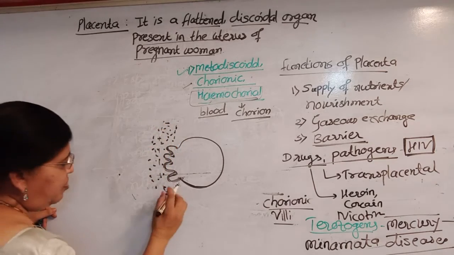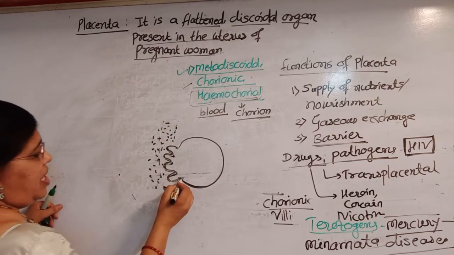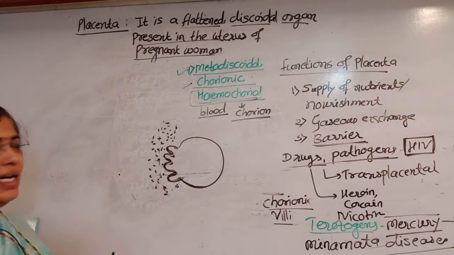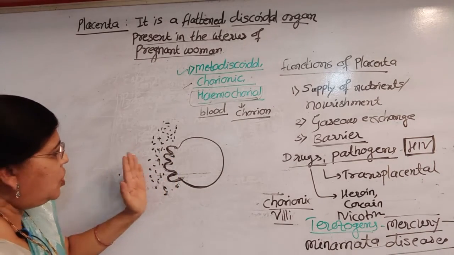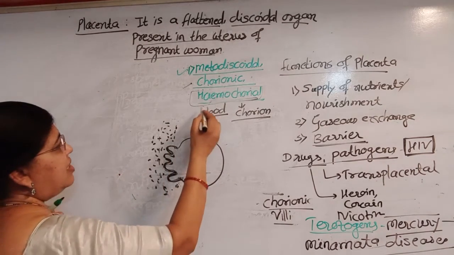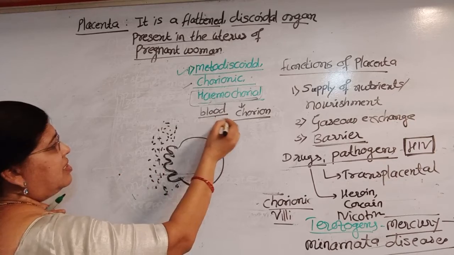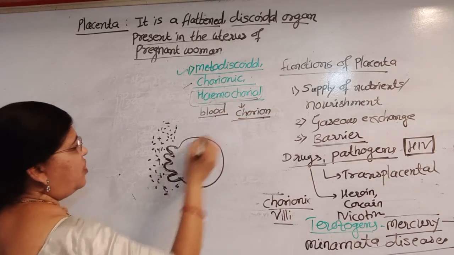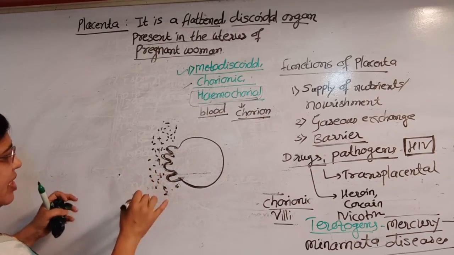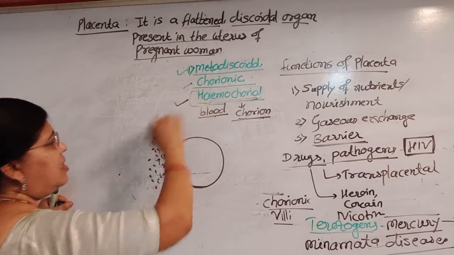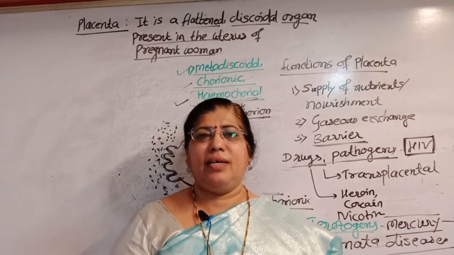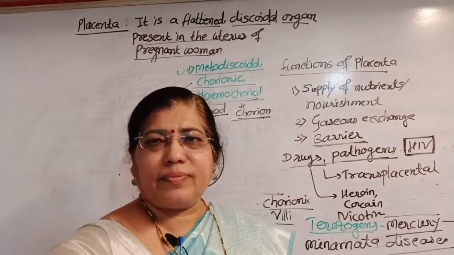So it is rich in blood circulation, and the chorionic villi directly dip into the blood of the mother, and hence it is called hemochorial. So in this way we have completed the topic placenta.